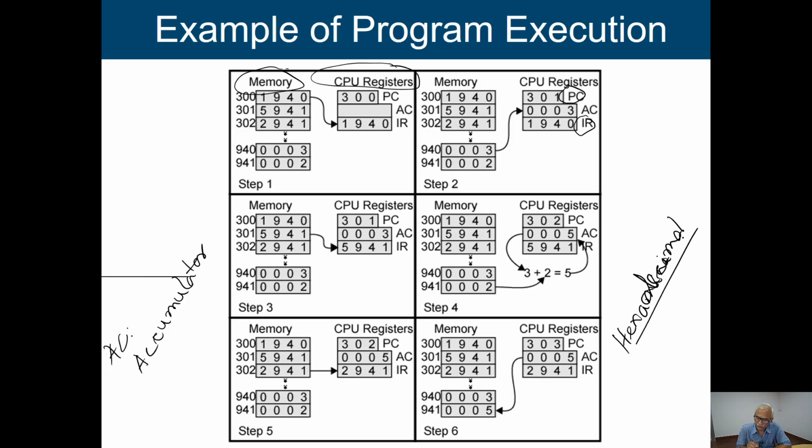Hexadecimal is a base 16 system, so we can represent from 0 to 15, and already I have mentioned that for 10, 11, 12, 13, 14, 15, these six values, we use the alphabets A, B, C, D, E and F. Now all those things are written in hexadecimal. Now we are going to interpret it and we'll see what this program does.